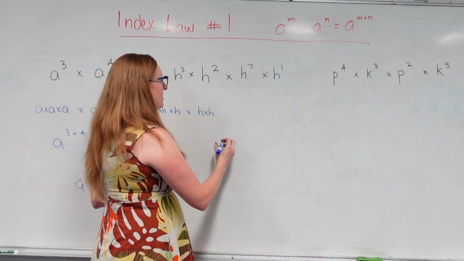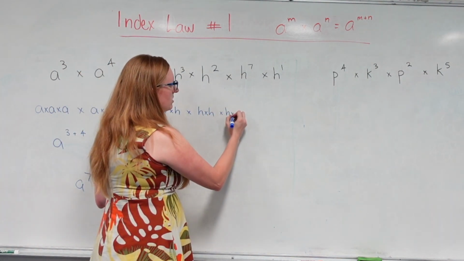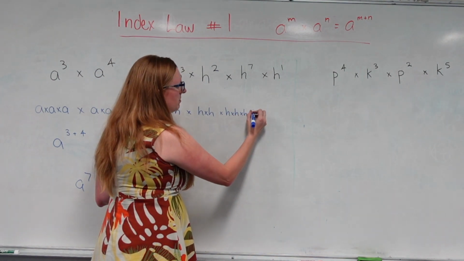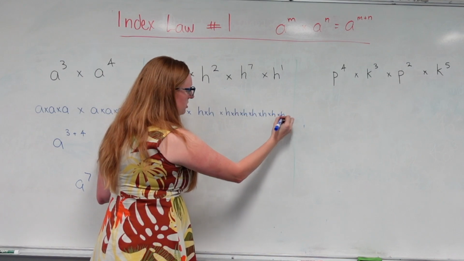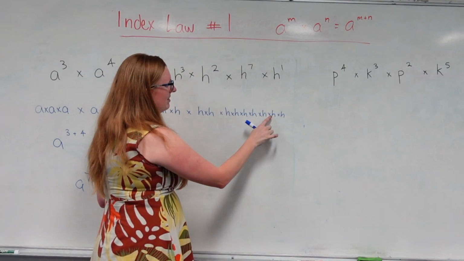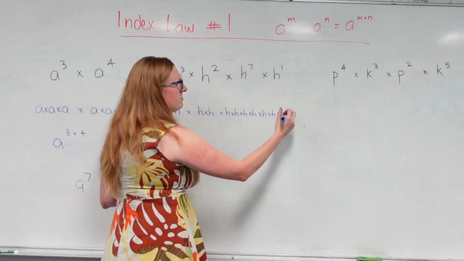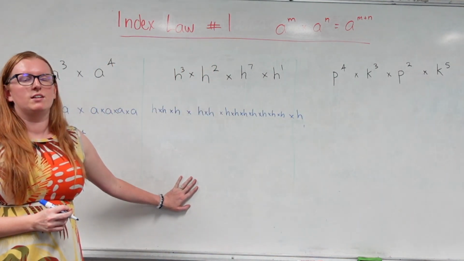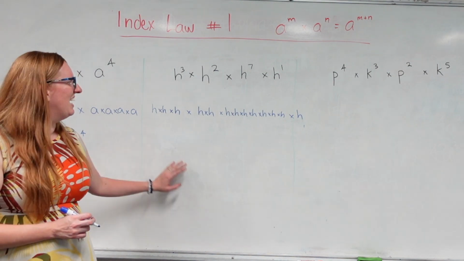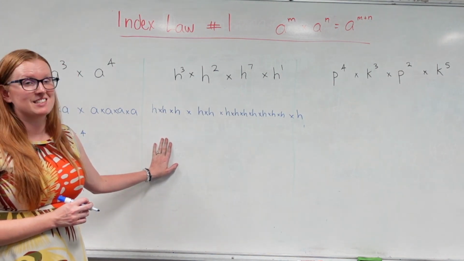Here I've got 7, oh Lord, h times h times h times h times h times h times h. 1, 2, 3, 4, 5, 6, 7, okay, and then times another 1 times h.